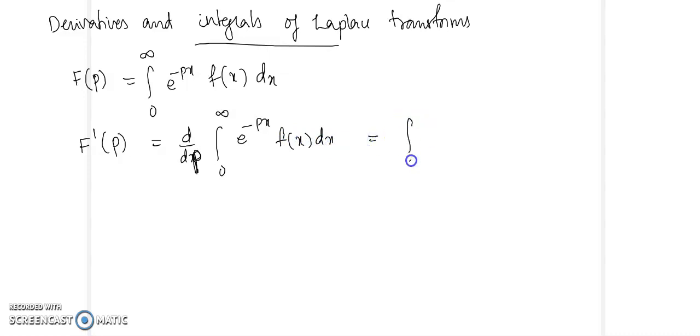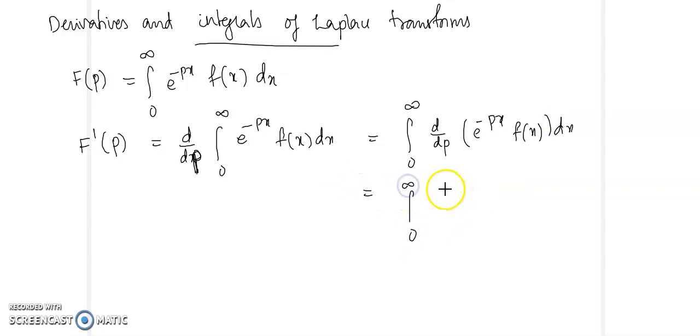So that will be equal to integral 0 to infinity d by dp of e raised to minus px f of x dx. So that is integral 0 to infinity, so we will get minus x e raised to minus px f of x dx.